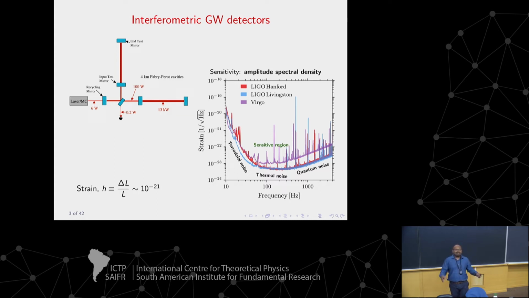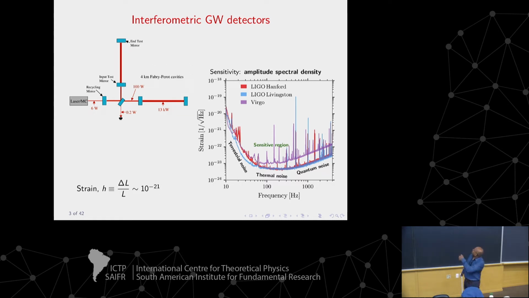These detectors are typically 4 kilometers long, so that means we are able to measure distances of the order of 10 to the minus 18 meters. That's a kilometer times 10 to the minus 21, so 10 to the minus 18 meters. That's 1,000 times smaller than the nucleus of an atom. On the right, we see the typical sensitivity curve of the detector, which tells us how high the detector noise is.